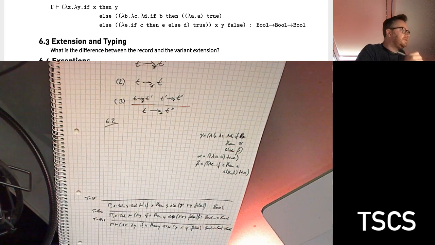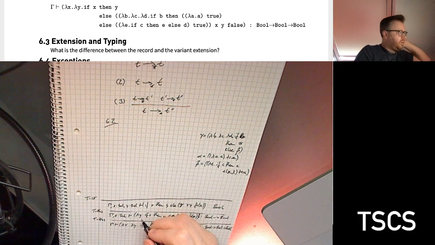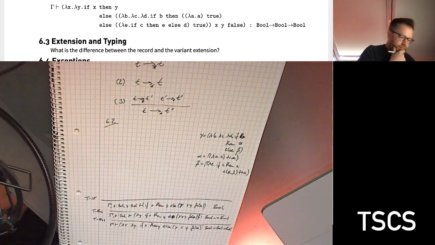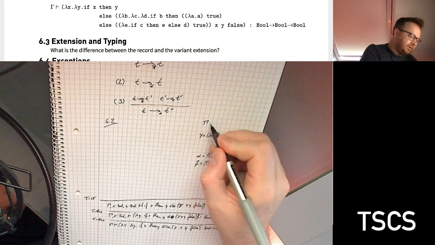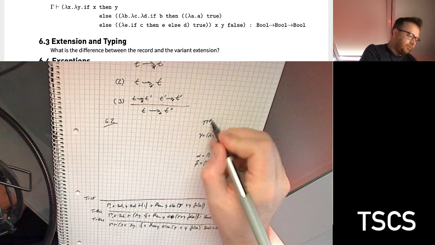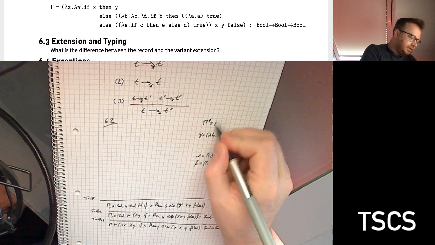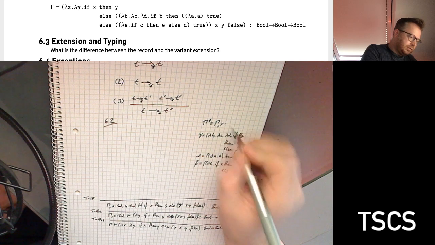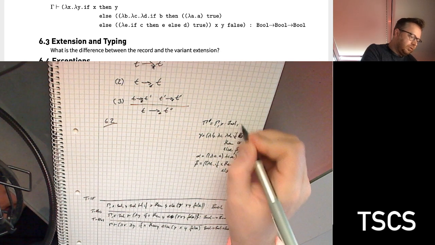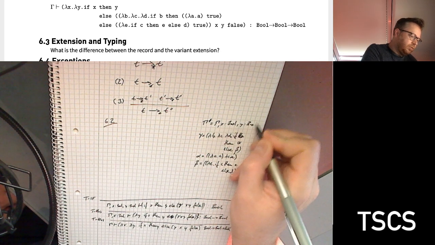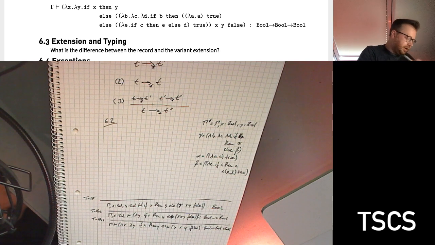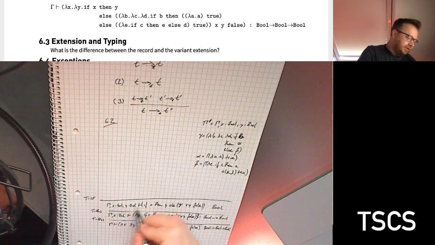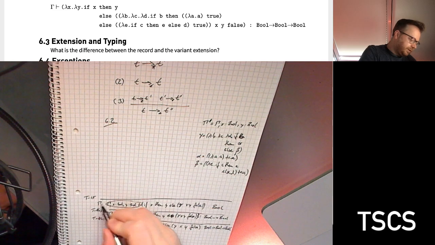For convenience, let me quickly define a gamma prime as gamma, x bool, y bool. That's not done in the solution sheet, but I don't want to repeat myself over and over again. So this is gamma prime now.